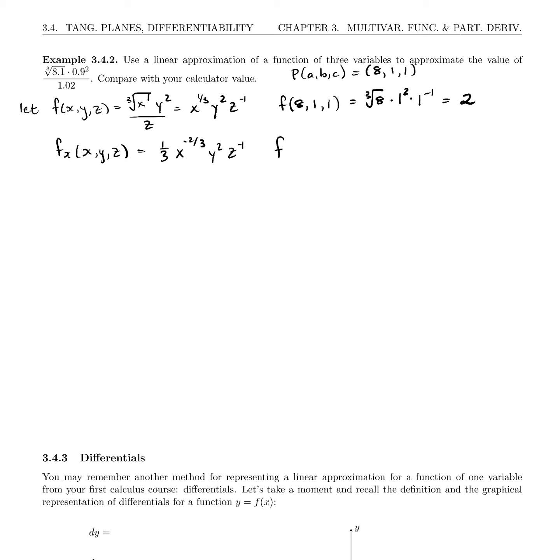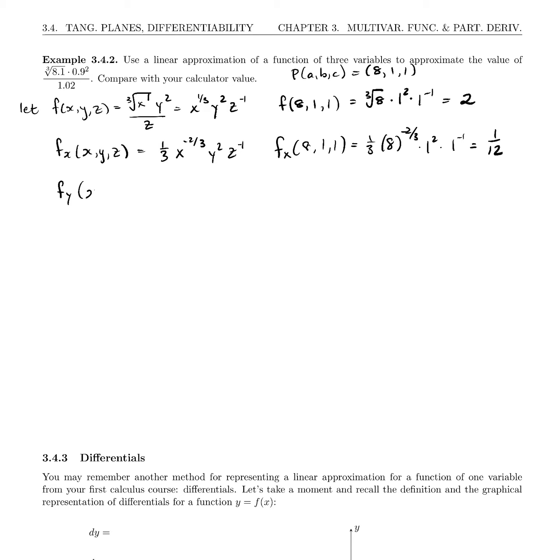Evaluating it at P, f sub x of 8, 1, 1 is 1/3 times 8 to the minus 2/3 times 1 squared times 1 to the minus 1. 8 to the minus 2/3 is 1/4, times 1/3, we have 1/12.